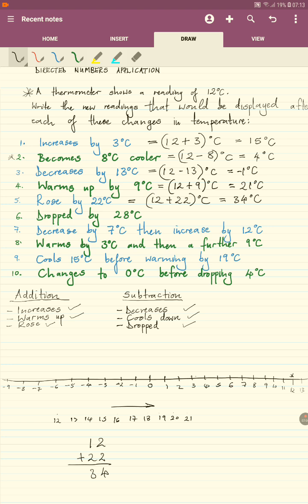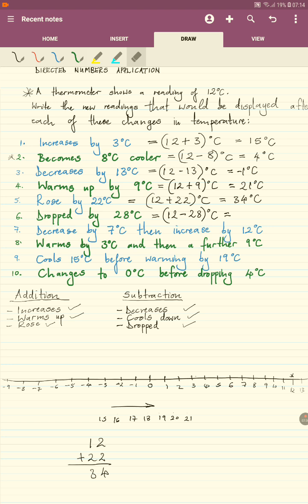And we move on to the next. The next question says the temperature dropped by 28. So we are subtracting 28 from 12. We can do it this way.